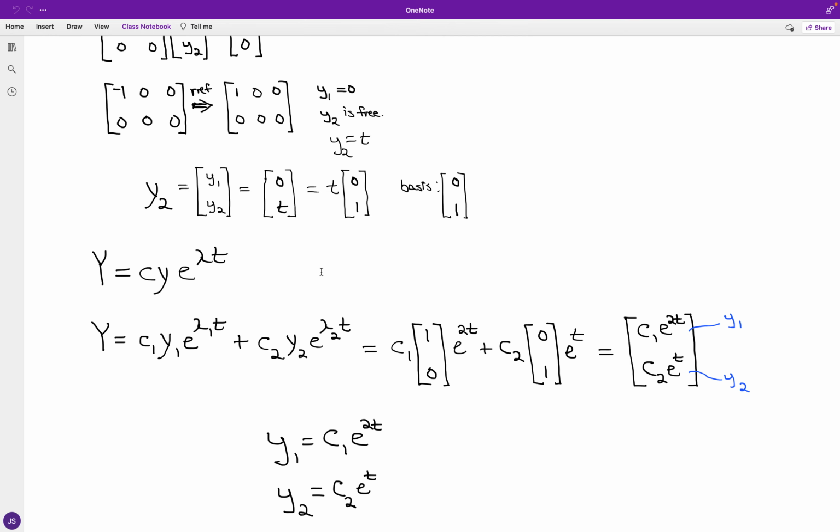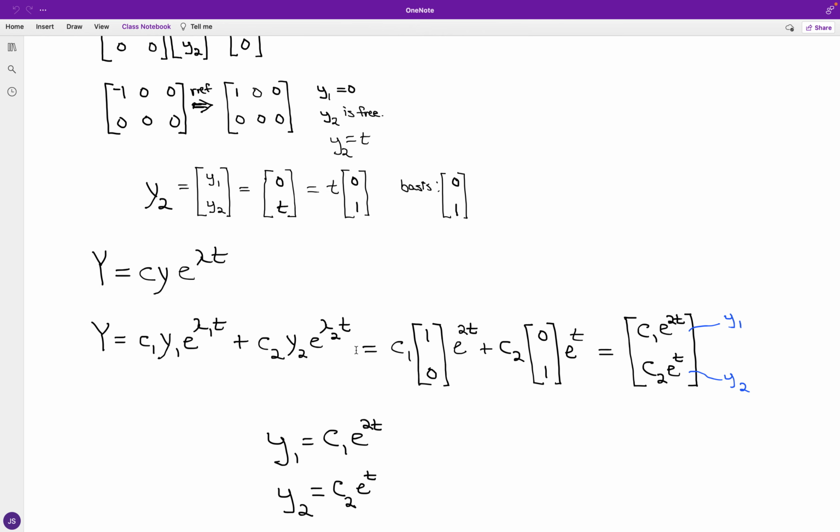Breaking this up into a linear combination, we have y equal to c sub 1 times the first eigenvector times e to the first eigenvalue times t, plus c sub 2 times the second eigenvector times e to the second eigenvalue times t.